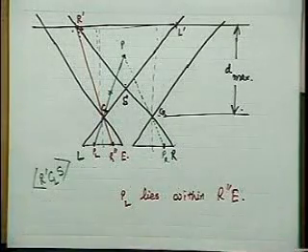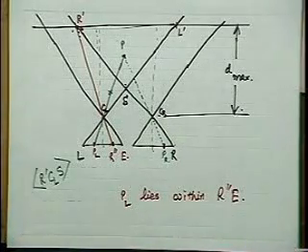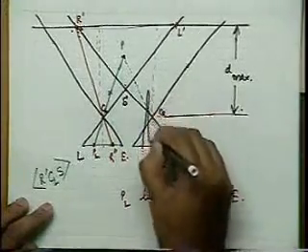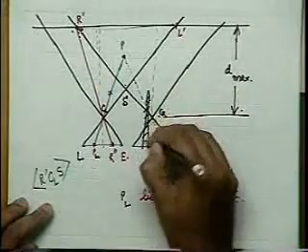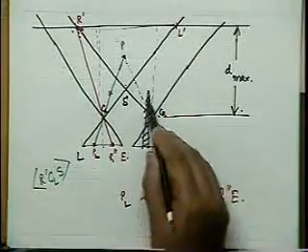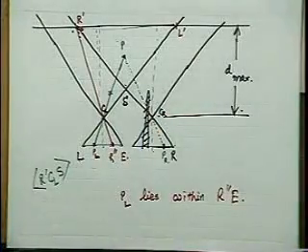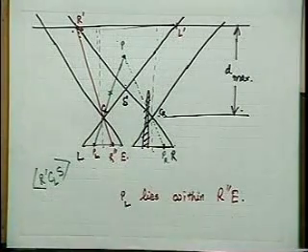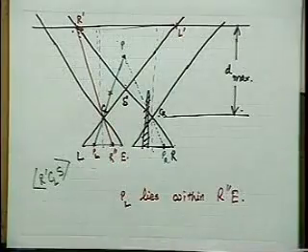Now supposing I have some obstacle over here, on this region, then can you see the point P? You can't.